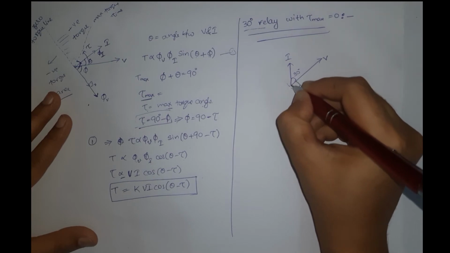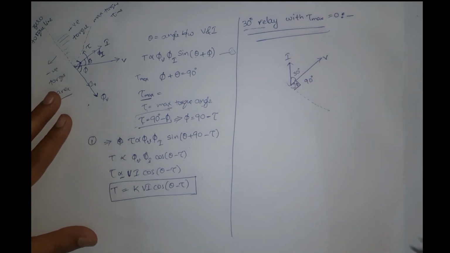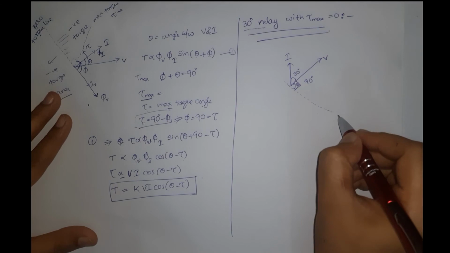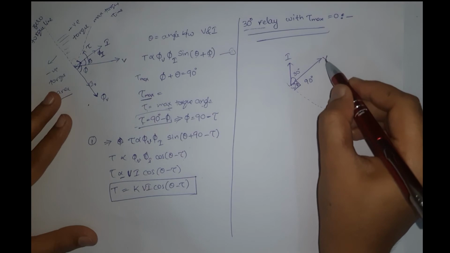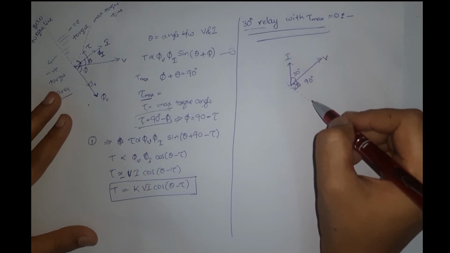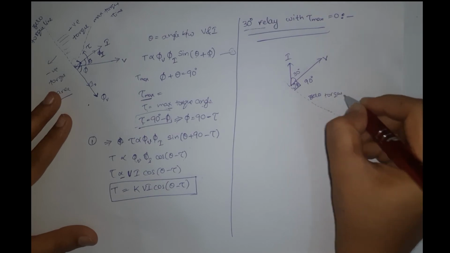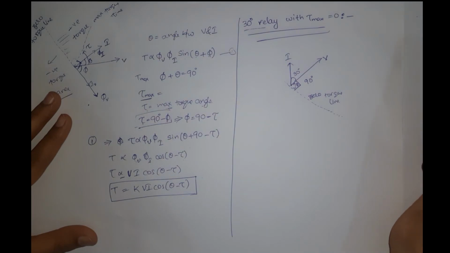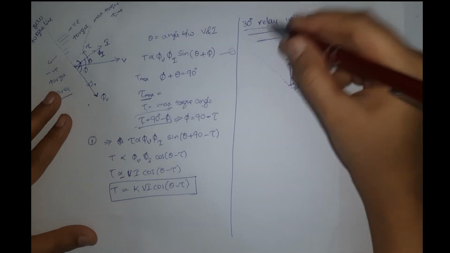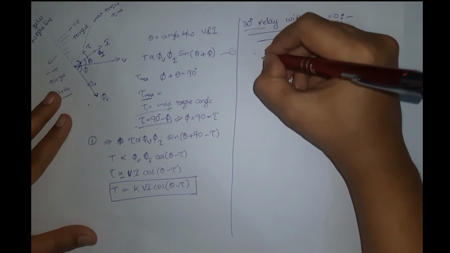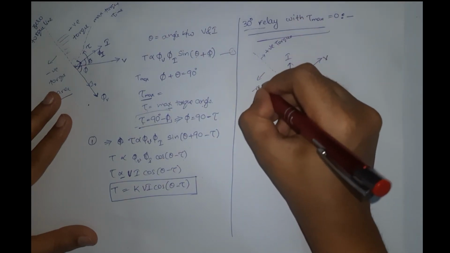With V, if I take 90 degrees, this angle is nothing but phi, where this line is the current induced in the voltage coil, or we can take it as the flux produced in the voltage coil. This is nothing but the zero torque line. In the same way, if we extend it this way, this will be the positive torque region and this will be the negative torque region.